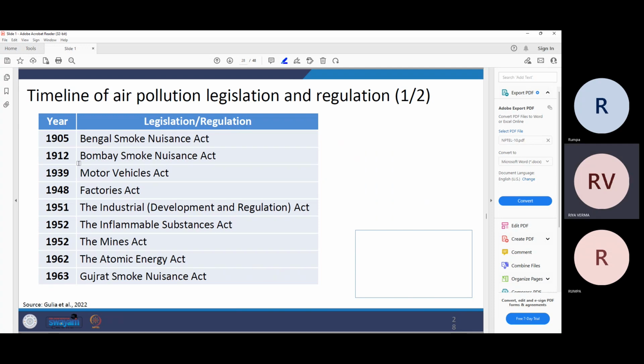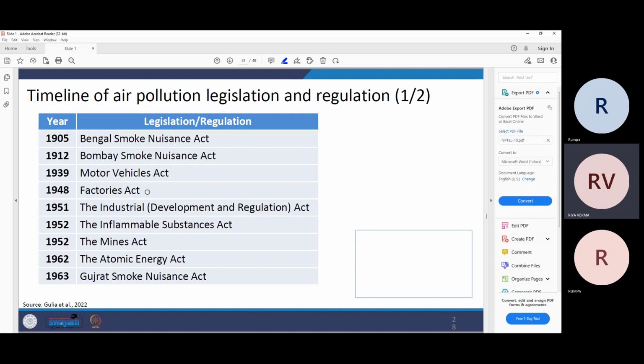So this is the timeline, like in which year what kind of legislation or regulation has been passed. In the year 1905, the Bengal Smoke Nuisance Act was passed. In 1912, Bombay Smoke Nuisance Act was passed. 1939, Motor Vehicles Act. 1948, Factories Act.